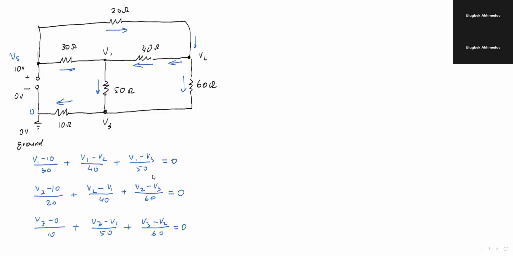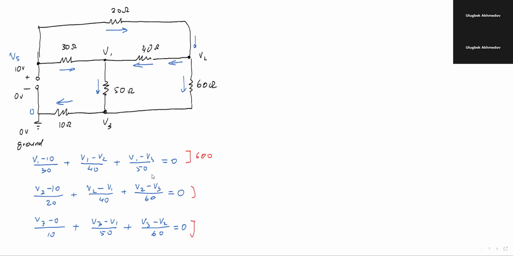And what we need to do is multiply each one by the least common multiple. So let's say, what is it? 50, 40, and 30. So 600 should be divisible by all of them evenly. And for the 60, 20, 40, and 60, what number can we divide by that?